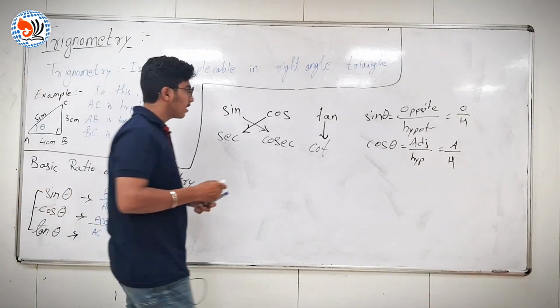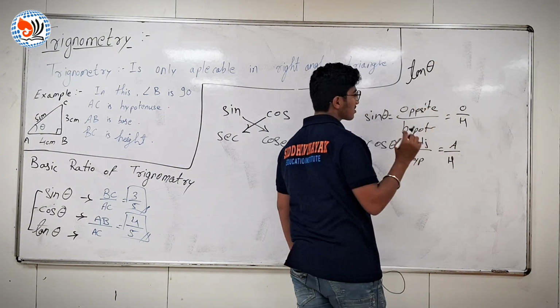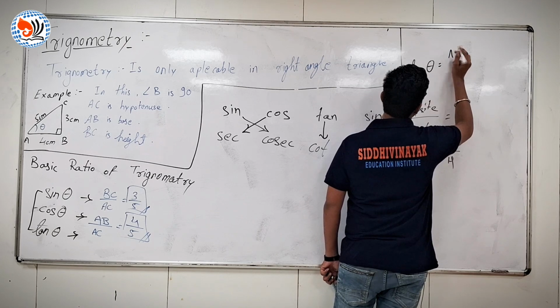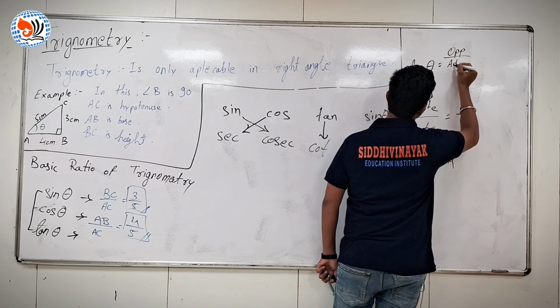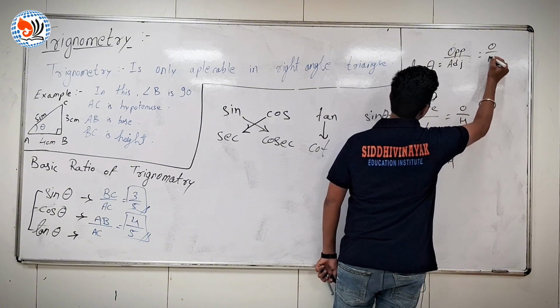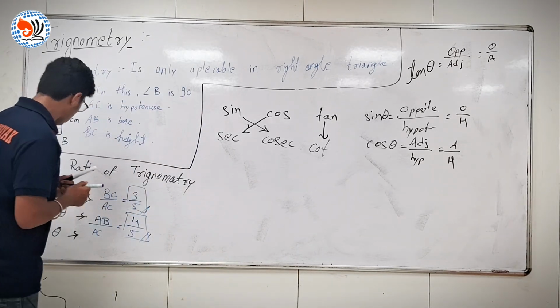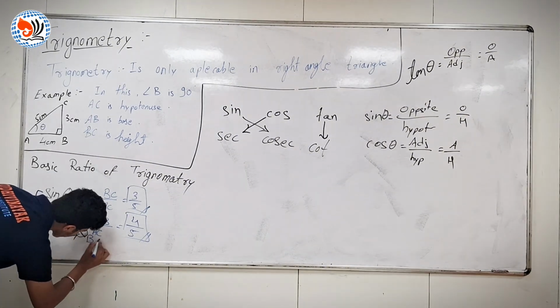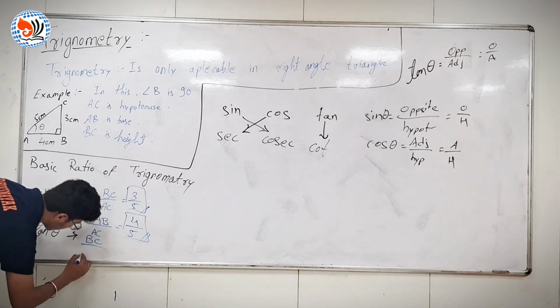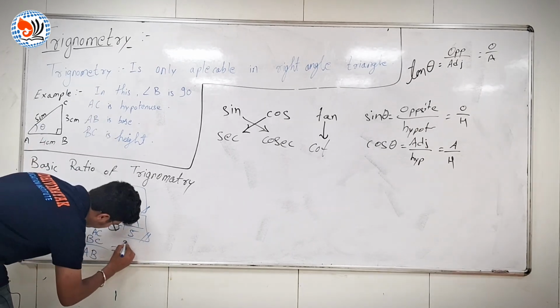Now number 3, tan theta. The basic structure of tan theta is opposite side upon adjacent side, O upon A. We can write it as O upon A. Now the value of tan theta in this example will be opposite side, means BC, upon adjacent side, means AB, which is equal to 3 by 4.